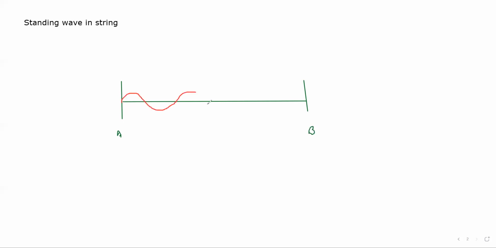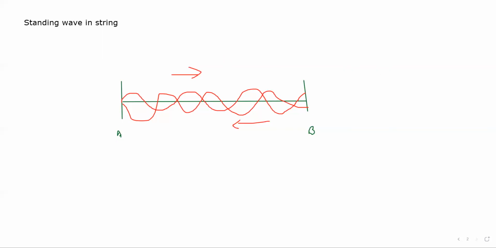That wave will travel and reflect back or bounce back. So actually there are two waves, one traveling towards the right, another one after reflection traveling towards the left. As a result, I will not see two waves, I will see the combination of the two waves.